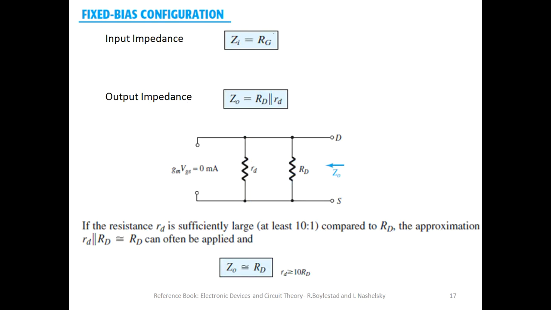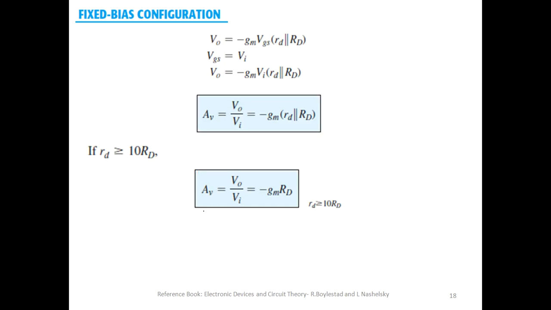While doing AC analysis, the common expressions which we obtain are the input impedance, the output impedance, and then the AC voltage gain. So these three are the common expressions for any of the configurations. The only thing is that the expressions will change.